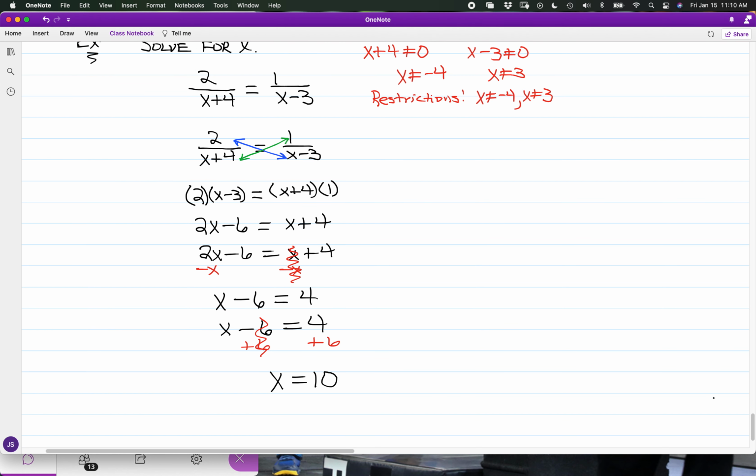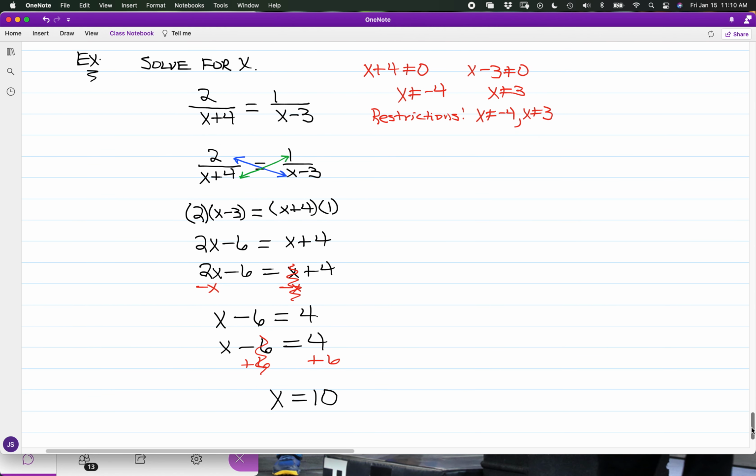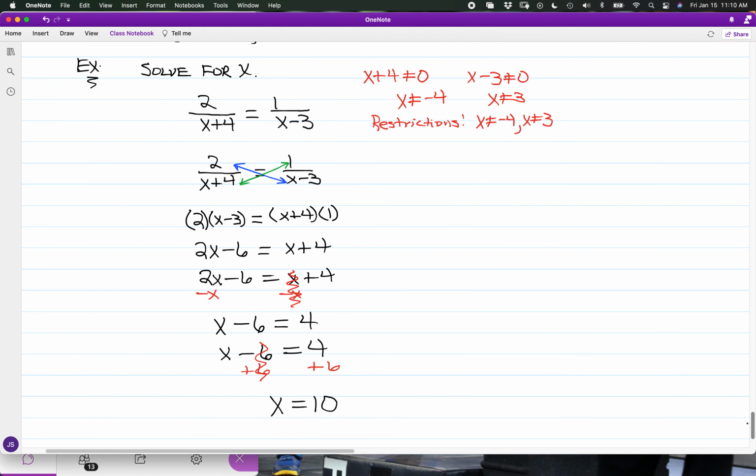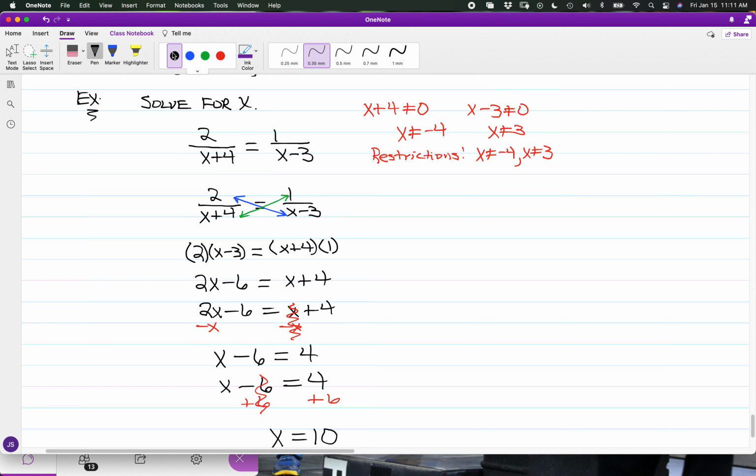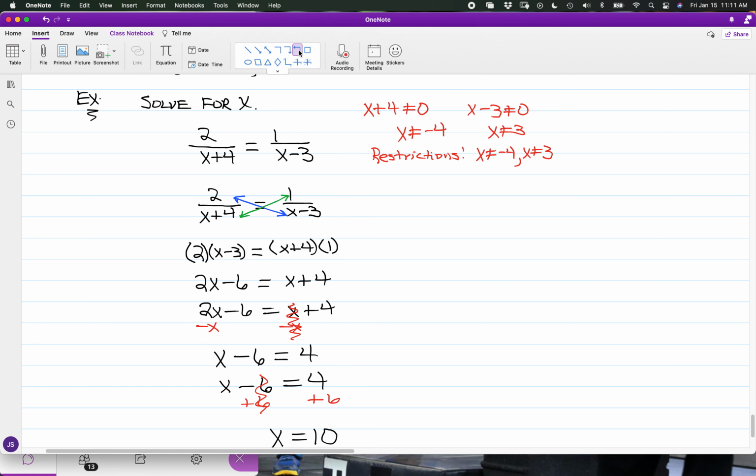Looking at this apparent solution, whatever I have for x cannot make any denominator equal to 0. We have x at 10, and the restrictions again are that x cannot be negative 4 or 3. So 10 checks out, and that is going to be the solution.